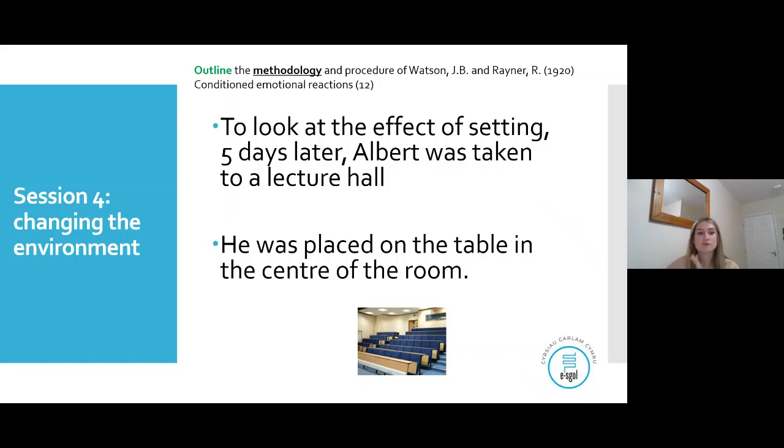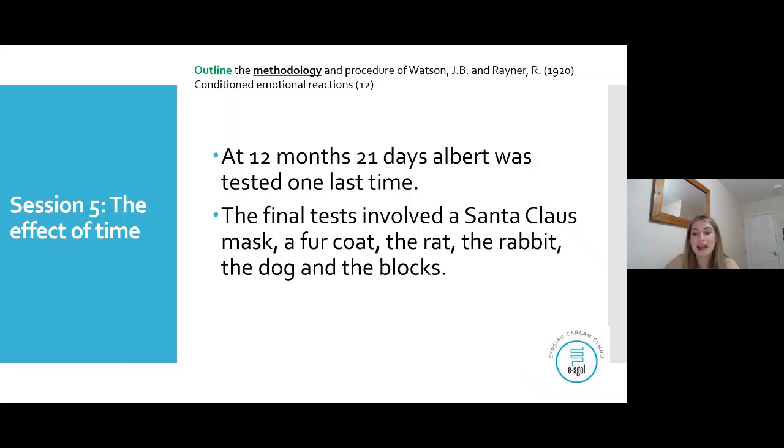So they looked at the effect of changing the environment and changing the setting. So 5 days later, Albert was taken to a lecture hall. He was placed in the middle of a table in the centre of the room, and then they did it again. They gave him those different objects. They gave him the wooden blocks, they gave him the cotton wool, they gave him the rat, and they wanted to see what happened. Okay, was he just scared of the rat? Had that association been made?